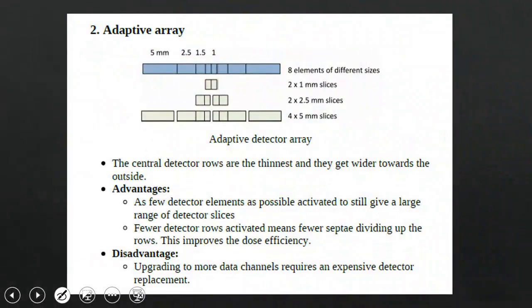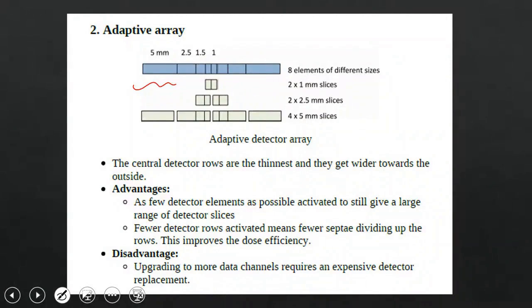Now, regarding the topic in the context of the detectors, it was mentioned that I will not keep all my detectors or all the elements having the same width, for example, 1 millimeter. Instead, I will have a few detectors, like the one outside, which is 5 millimeters, the one next to it, which is 2.5 millimeters, the one next to that, which is 1.5 millimeters, and the one in the center, which is 1 millimeter.